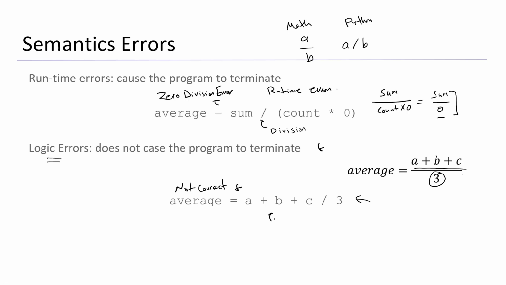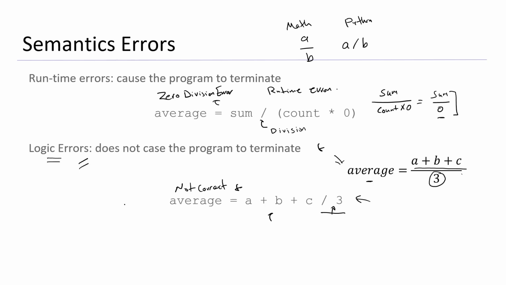The Python interpreter is able to deal with this statement. However, the semantics is not what the programmer intended. This is what the programmer wanted to calculate, but the semantics for the Python interpreter is different from the semantics that the programmer has intended. And this is a classic example of logic errors.